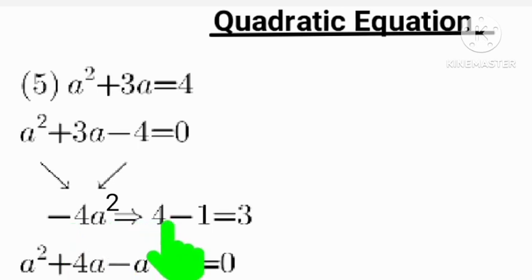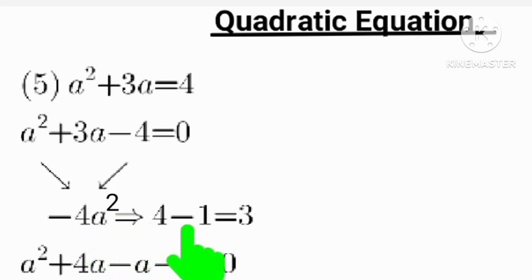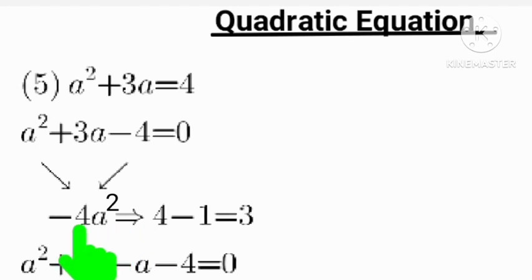Now, all you need to do is know how to change the signs. We know 4 minus 1 will give us 3, and 4 times minus 1 will give us minus 4. The next thing you need to do to make these factors of negative 4a squared, because these are just factors of negative 4, is multiply them by a.